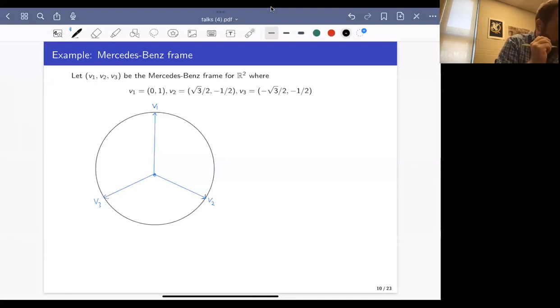Because we're looking at the absolute value of inner products, the vector v1 and the vector negative v1 are the same to us. So this will be negative v3, and then this will be negative v2, and here I have negative v1. I want to know what's the worst case scenario for saturation recovery?